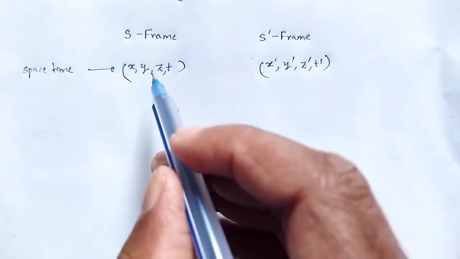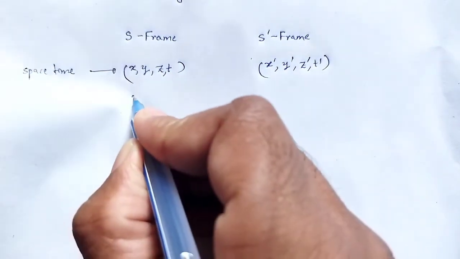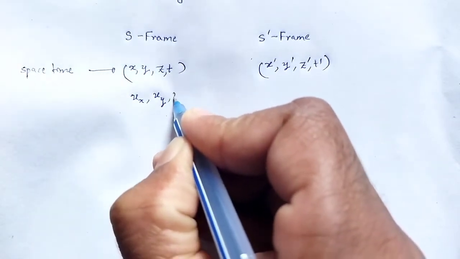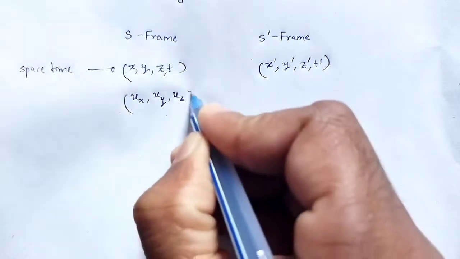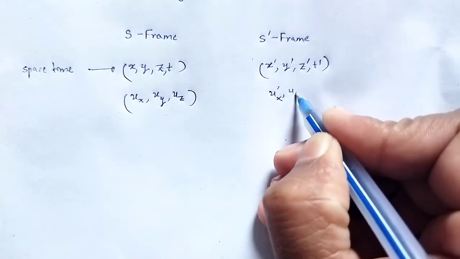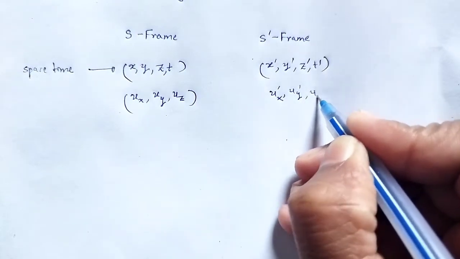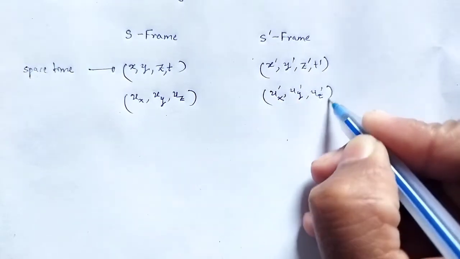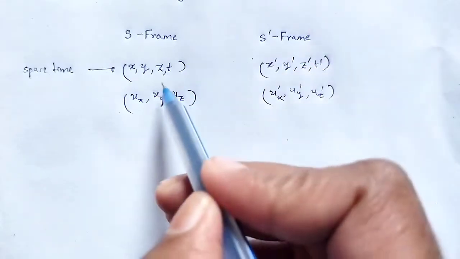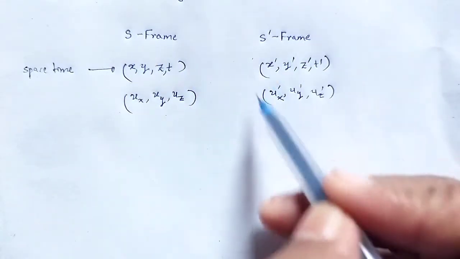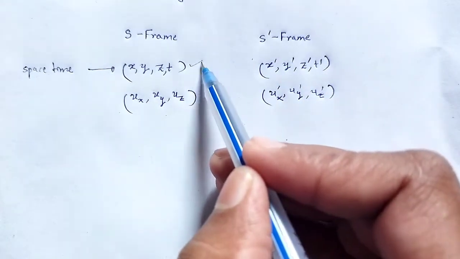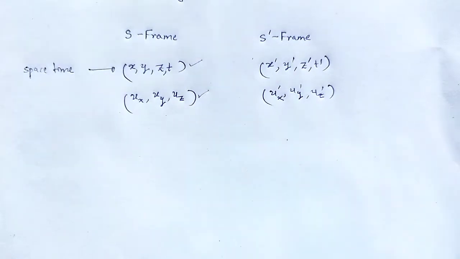So if we take ux, uy and uz, and here ux dash, uy dash and uz dash, as the components of the velocity in the S frame and S dash frame respectively. These are the velocities.